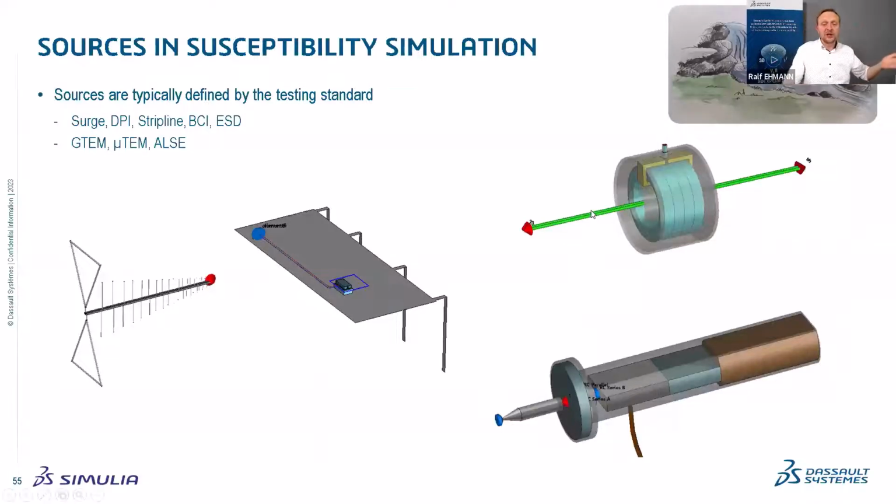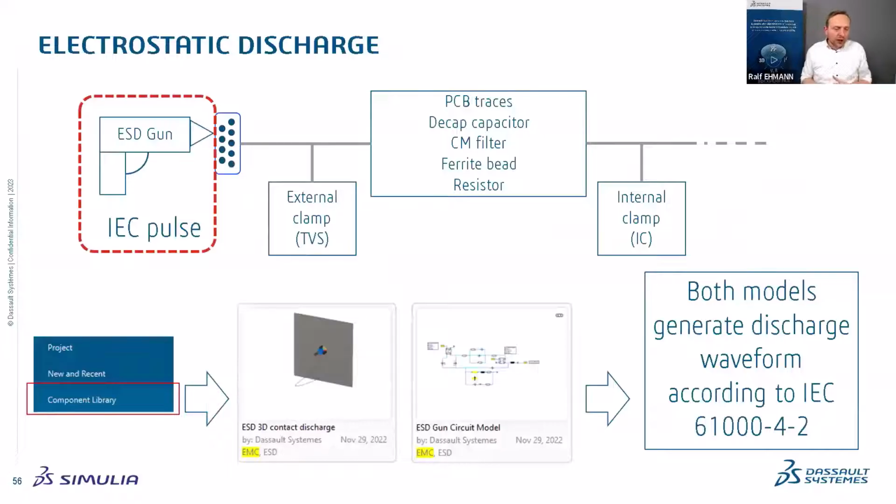In the CST library, we offer a number of such source models. You will find an ESD gun, a BCI clamp, and also, I think in the next service pack, you will find an irradiation setup. So the source is very well defined and we can run the simulation.